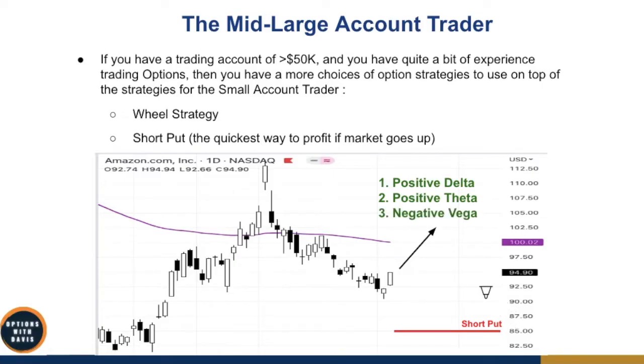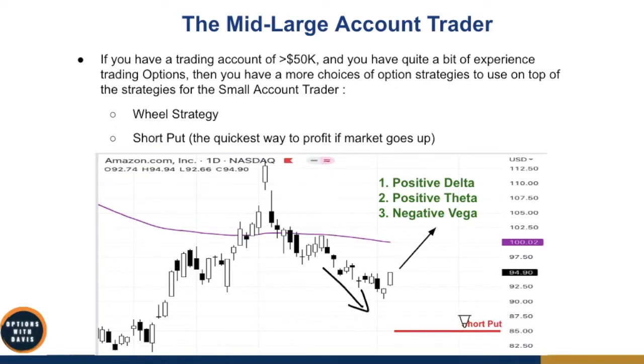And lastly, you have negative vega, right? Basically, you're profiting from a collapse in volatility. If you don't really know, option pricing has to do with implied volatility. The higher the volatility, the higher the option premium prices are, so you can sell for much higher premium, and the lower the volatility, the lower the option premium pricing will be. So ideally, you want to sell the short put when the market goes down.